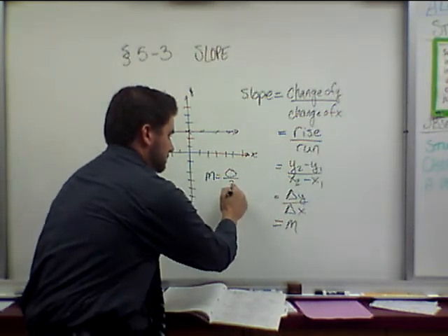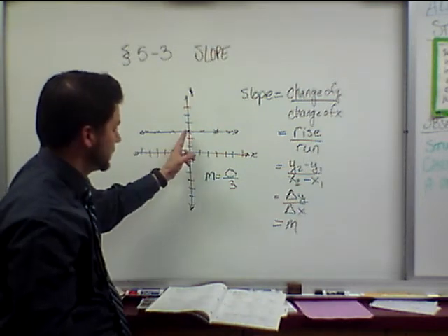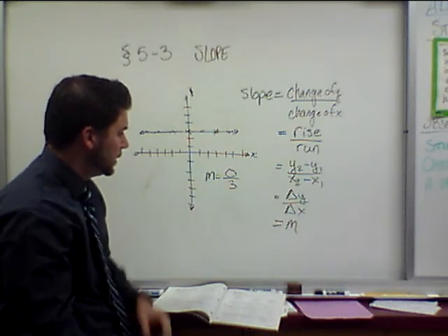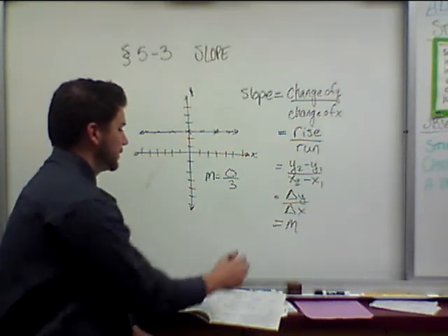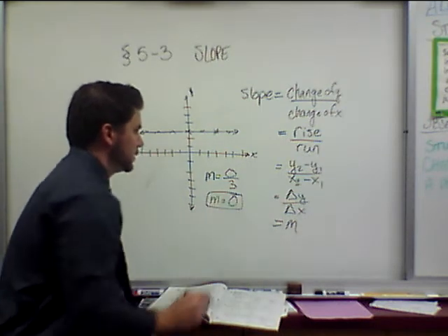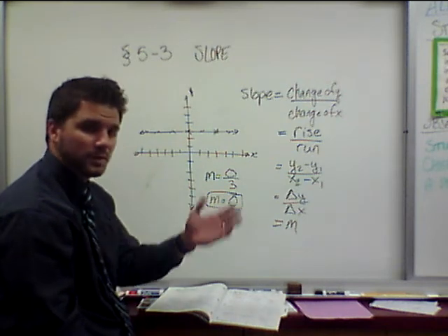So say 0 over 3, okay, this point right here. So I'm going up or down 0 and I'm going right 3 in order to get to this point. Well, so my slope is 0 over 3. However, 0 divided by anything is 0. The slope of this line should be just a nice and easy 0.